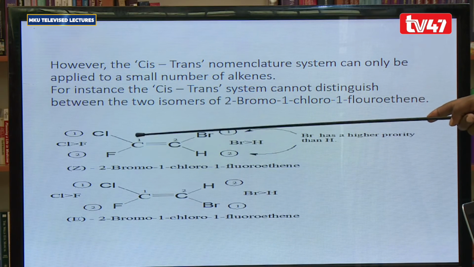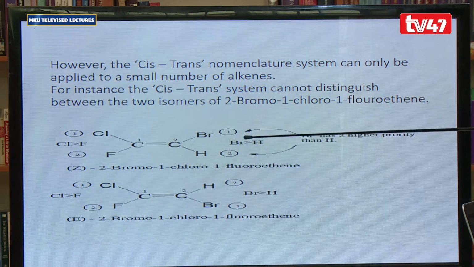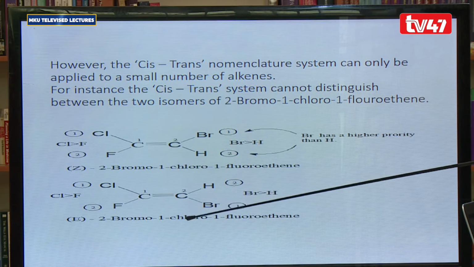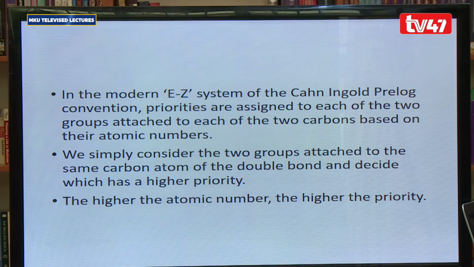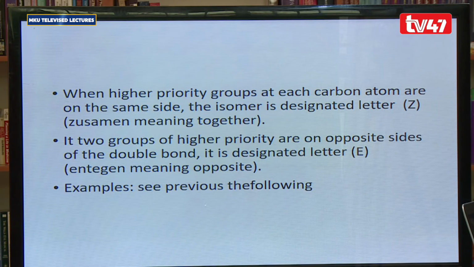So a Z isomer is where the priority groups are on one side, while an E isomer is where the priority groups are on opposite sides. So where you have different groups joined to the carbons of the double bond, the geometric isomerism is labeled as EZ instead of cis-trans.